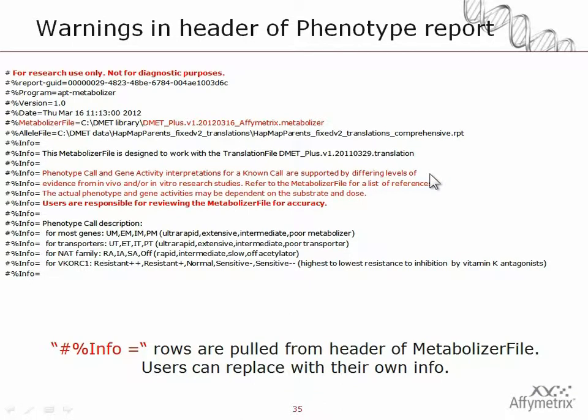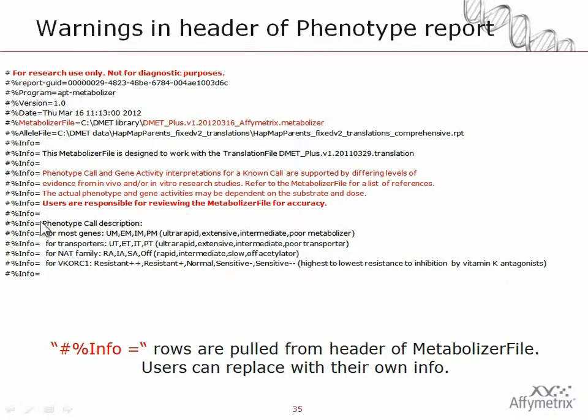The phenotype call and gene activity interpretations for a known call are supported by differing levels of evidence from in vivo or in vitro research studies. Please refer to the metabolizer file, that's the file that's listed up here, for a list of references. The actual phenotype and gene activities may be dependent on the substrate and dose, so you are responsible for reviewing the metabolizer file for accuracy.